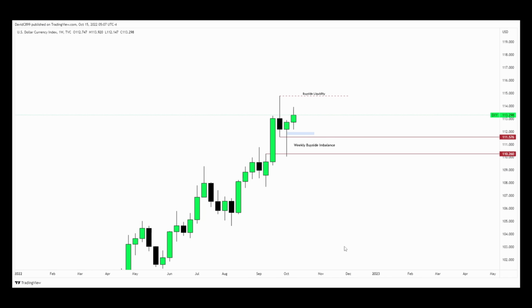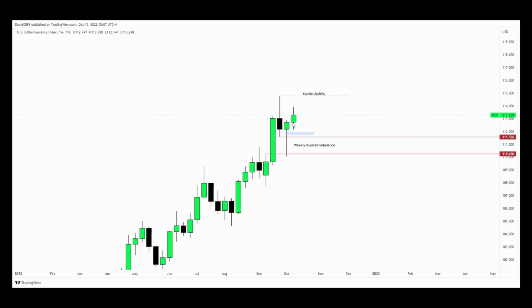Market outlook for the US dollar. This is the weekly chart and we can see that on this week we have traded lower into this weekly BISI, buy side imbalance, sell side inefficiency, and price rejected that level really aggressively, and from there I'm expecting continuation to the upside to seek buy side liquidity.